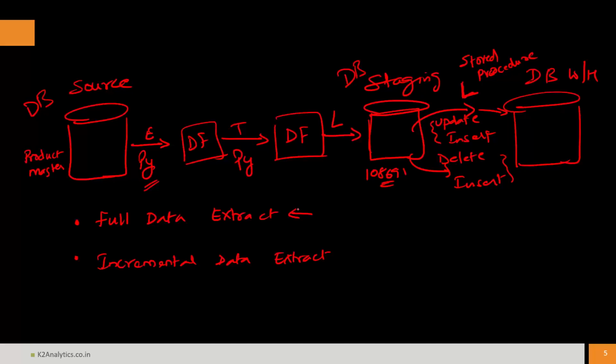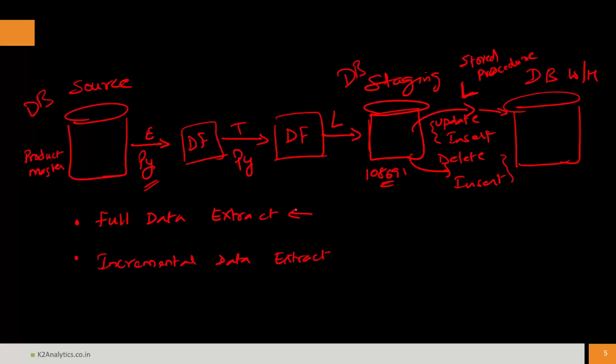In some businesses like e-commerce, the data might change very frequently in the product master table, but in certain businesses like banking, the data does not change. So you have to again see how frequently the data changes and how big the table is.